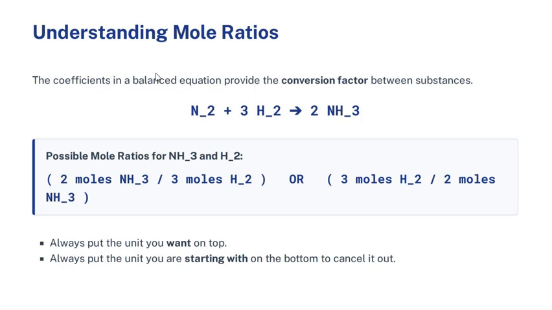Stoichiometry wants to understand how many moles you have to provide here to get this amount of moles. What you want to first do is always put the unit you want on top. So if you want moles, you put moles on top. And always put the unit you are starting with on the bottom to cancel it out. If you're trying to convert to another unit, you want to cancel out the first unit so you can get to the second unit.